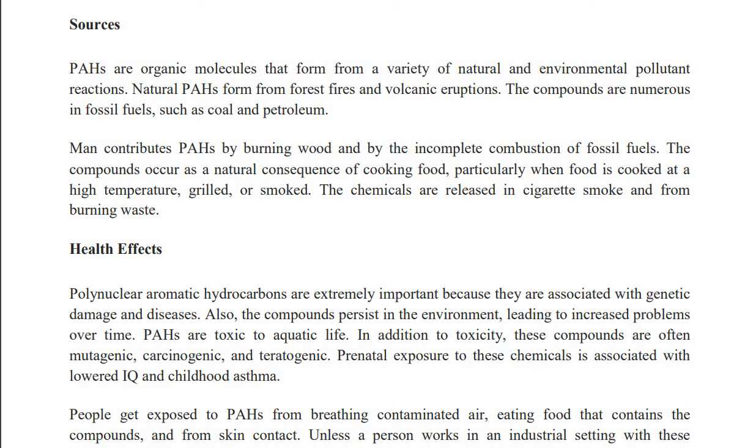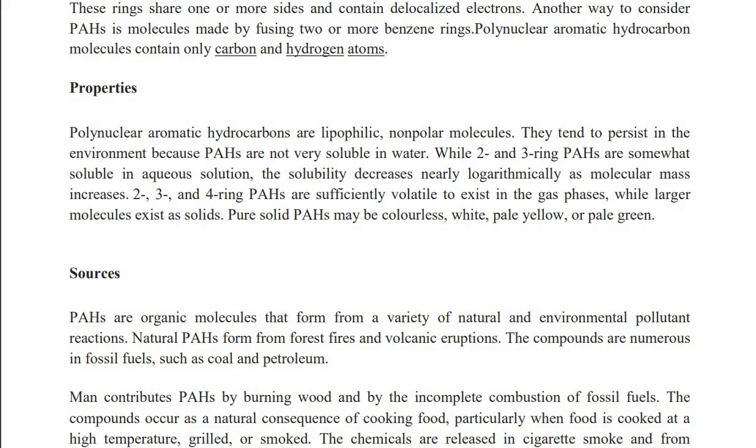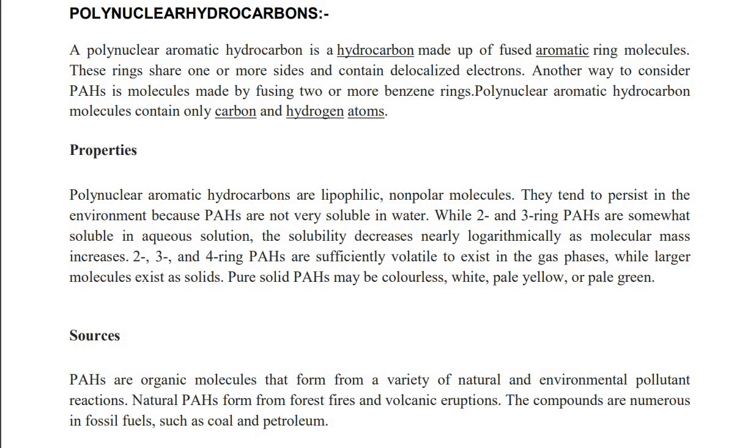Today in this video, we are going to learn about polyaromatic hydrocarbons. So what are polynuclear hydrocarbons and what are their properties, we will discuss. A polynuclear aromatic hydrocarbon is a hydrocarbon made up of fused aromatic ring molecules.